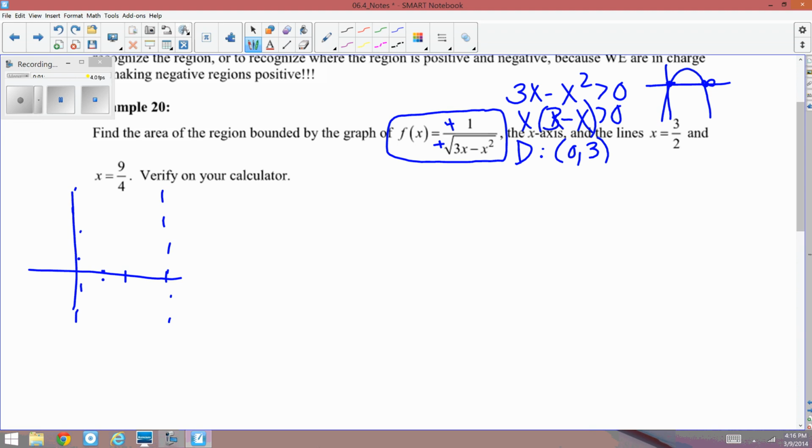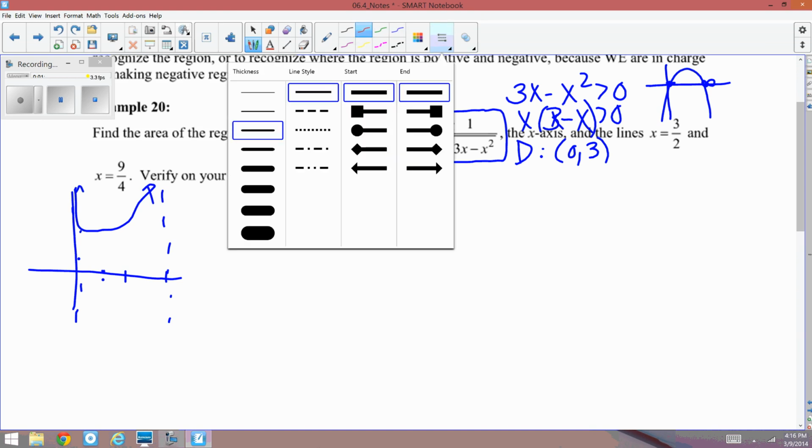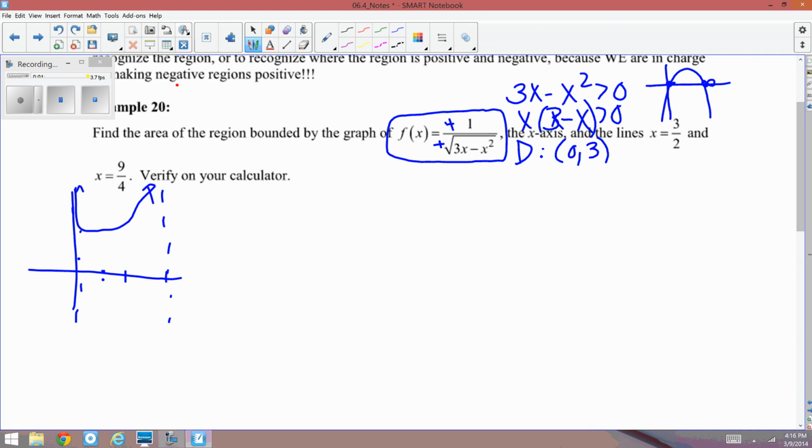I have no idea what our function looks like, I just know it's positive, and I'm not going to do this geometrically. 3/2 would be right about here, that's 1.5, so here's the line x equals 3/2. x equals 9/4 would be a little bit further. So I'm looking for the area of the region bounded by the graph of this, the x-axis, and these lines.